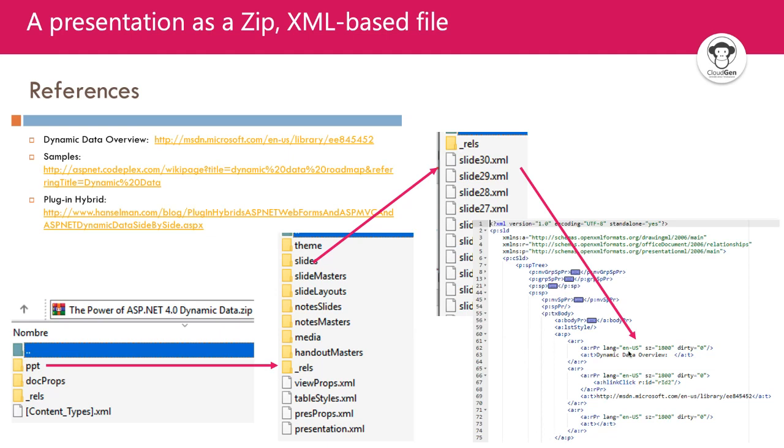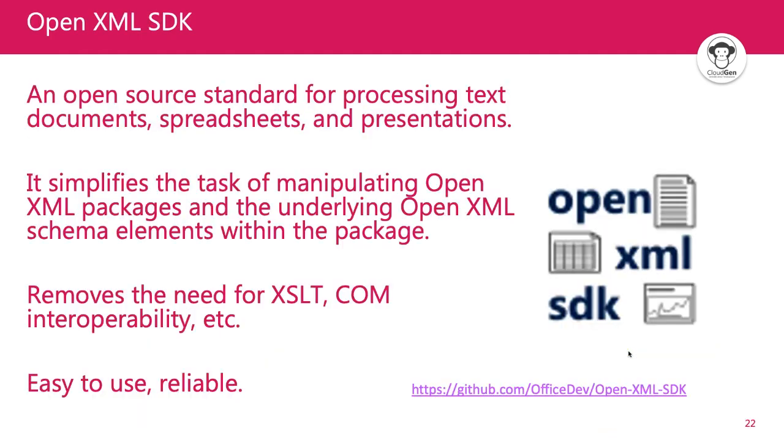So when this was created, also an open source library was created to interact with these files, which is the Open XML SDK. So you can create Office documents, PowerPoint, Word, Excel with this library.